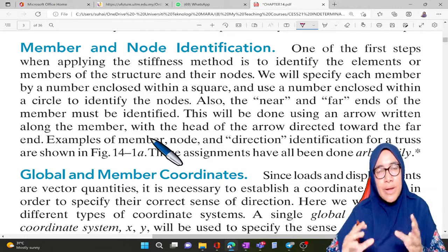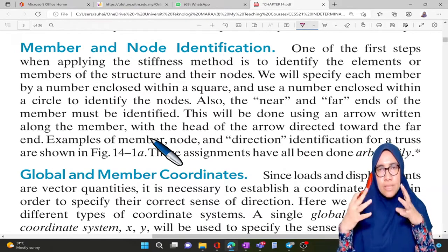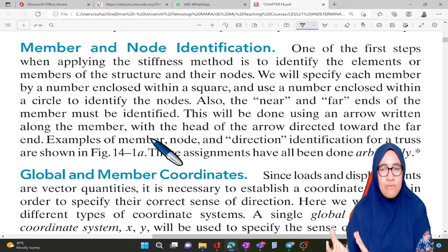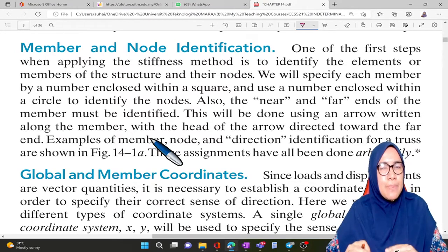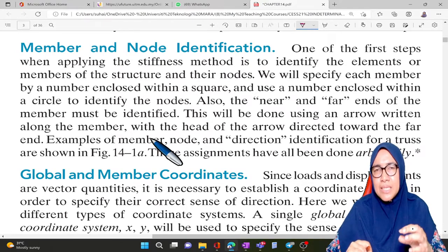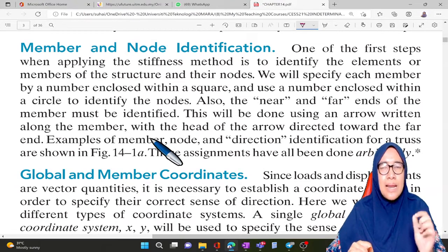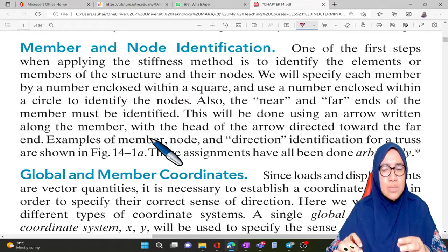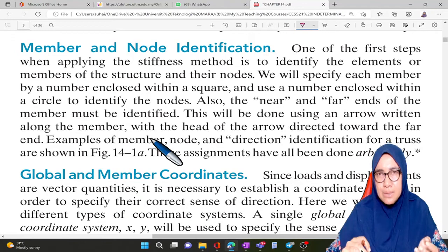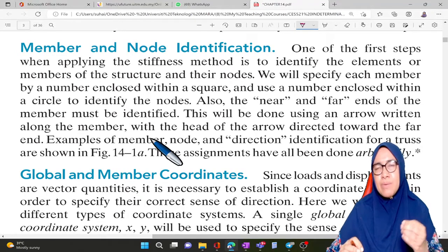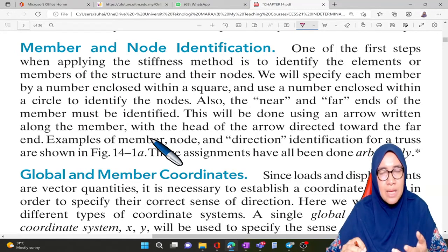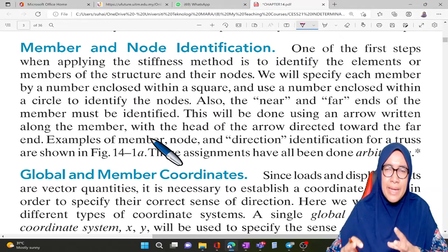But whenever we transform the truss into the software, we don't label it as A, B, and C, because labeling members or nodes using A, B, and C has limitations. That is why when we build a structural model in the software, we label nodes using numbering.